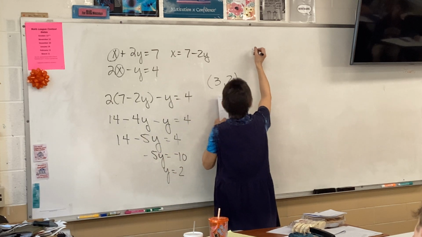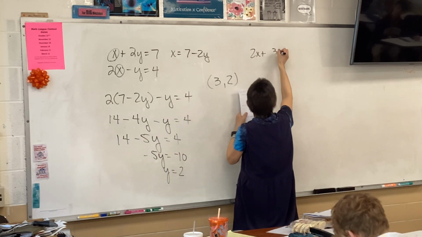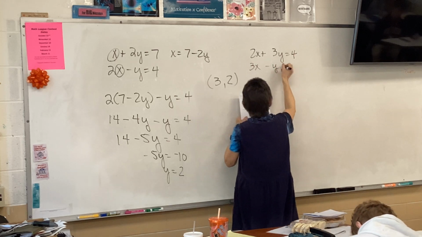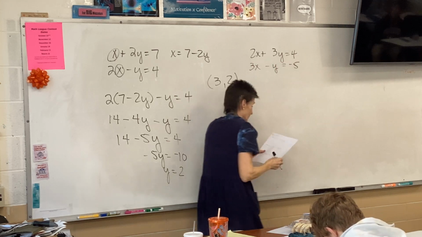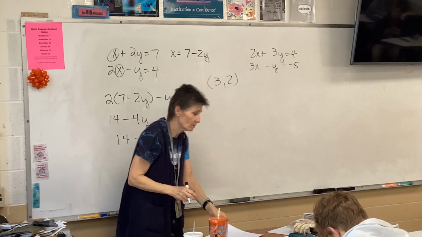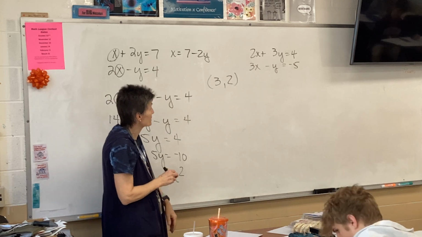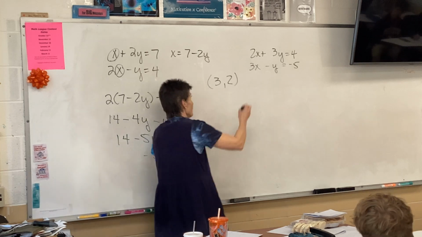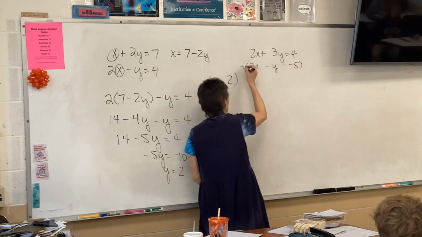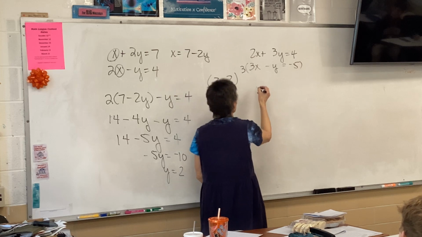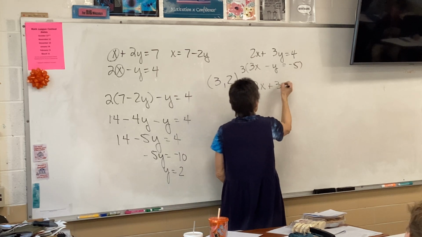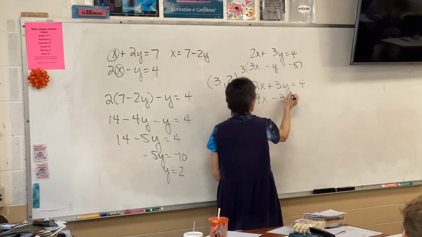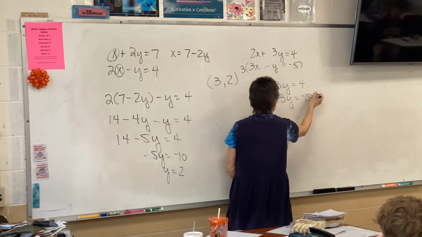All right, now we're going to solve using elimination. So again, we're very, very careful about following directions. So what do? Multiplying the bottom by 3 would be one option. I think that would be the easiest option. So 2x plus 3y equals 4. 9x minus 3y equals negative 15.